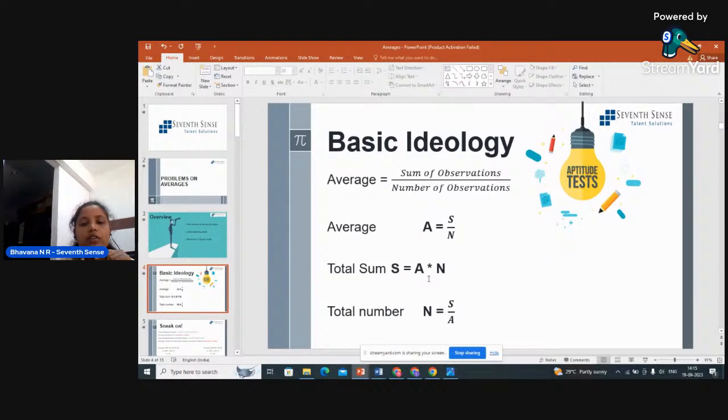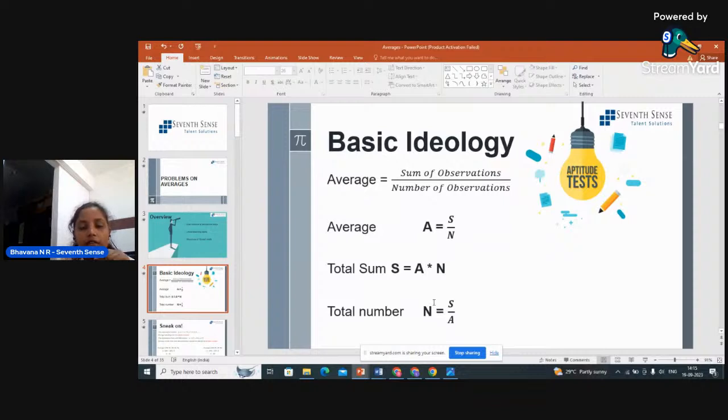S equals A into N. And sometimes they may ask to find the total number of observations. In that case, N equals S by A, the sum of observations divided by the average.